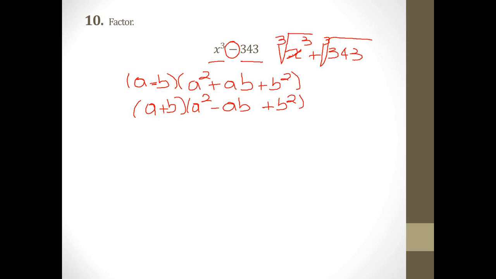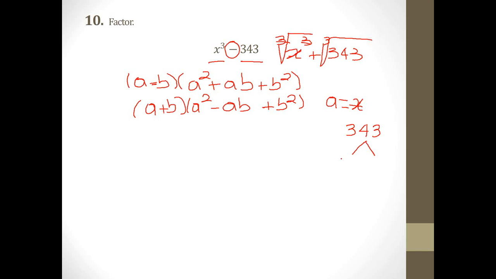The cube root of x cancels out, so the cube root of x is just x. So in this case, your A is x. And for the cube root of 343, I suggest you do the factoring tree of 343.